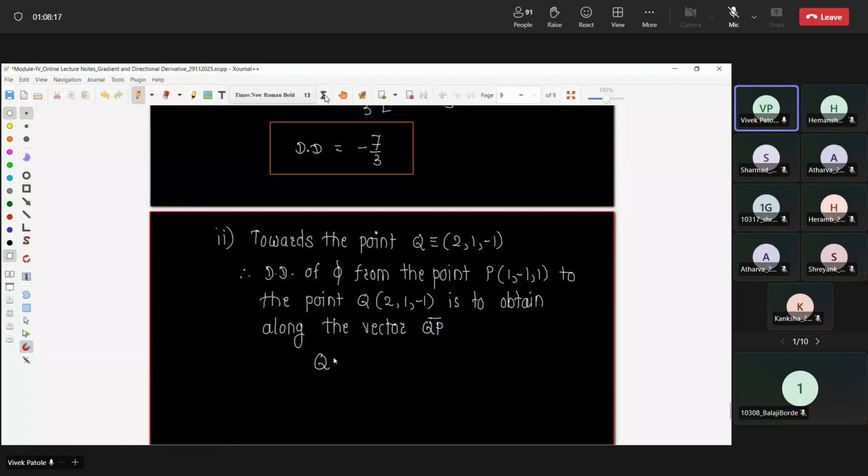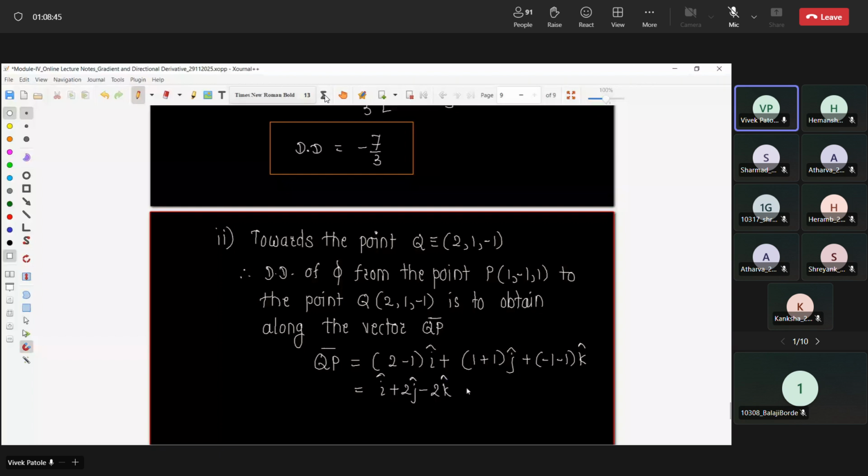Yesterday we discussed how to evaluate QP bar, which is given by (2 minus 1) i cap plus (1 minus minus 1, plus 1) j cap plus (minus 1 minus 1) k cap, which is equal to i cap plus 2j cap minus 2k cap.